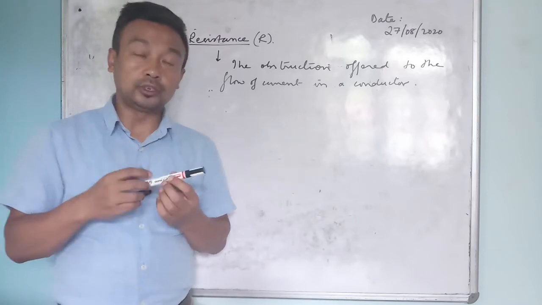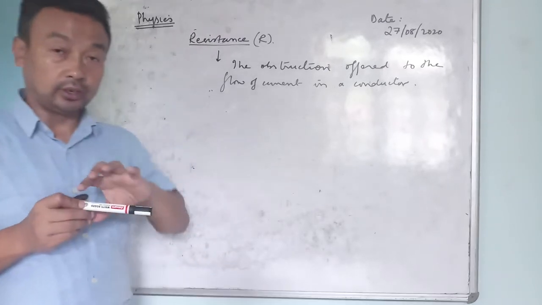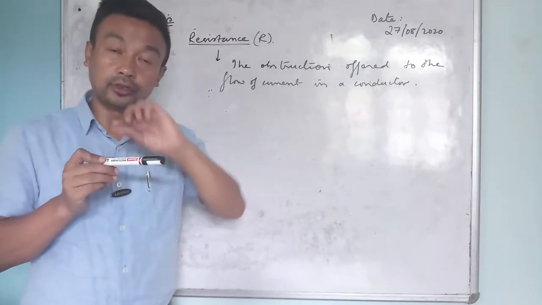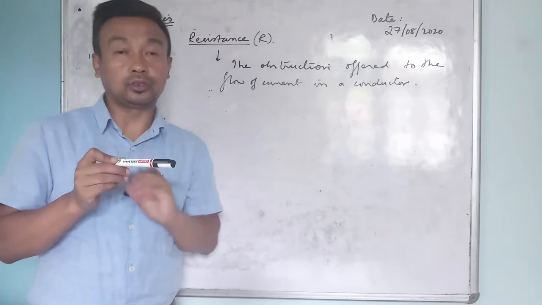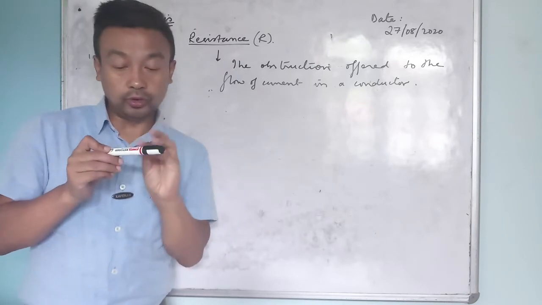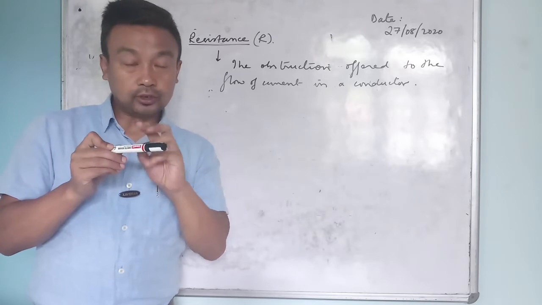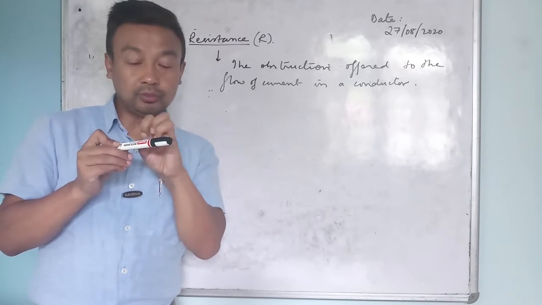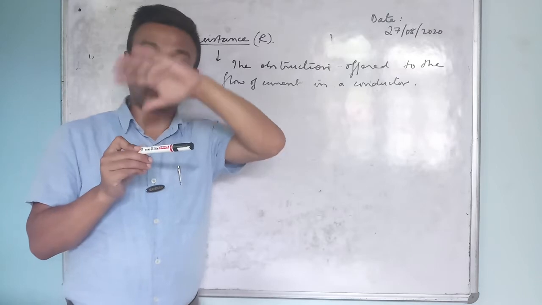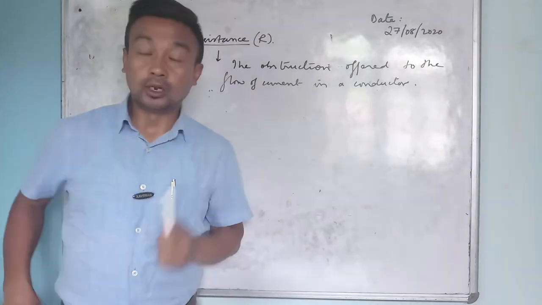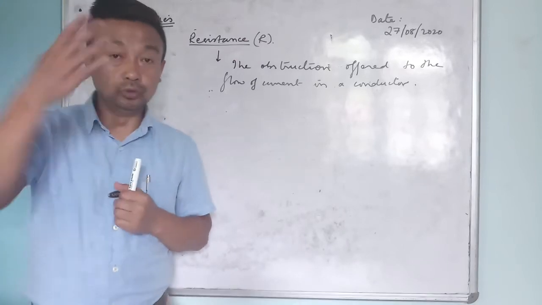Now what happens is, in any metal or in any wire or in any conductor, the structure is such that there are orbits, or layers. In that orbit you have the presence of electrons, and when you go to the nucleus, there you will find the presence of protons and neutrons. This nucleus remains intact, but the electrons in the outermost orbit are free to move. So those electrons are called free electrons, and they move.